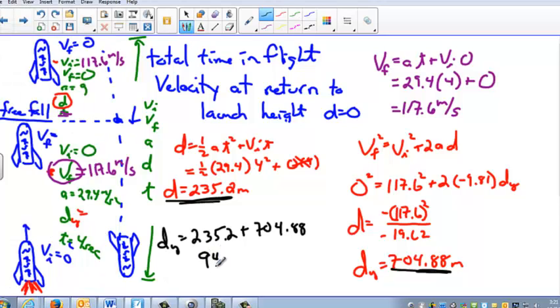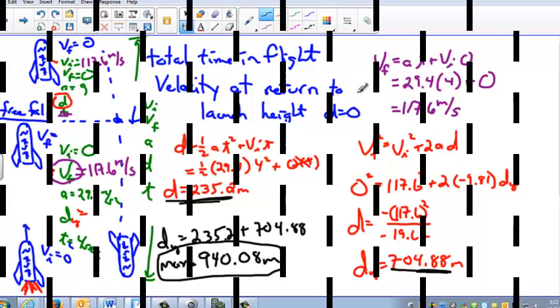So 940.08 meters is my max height. Okay, so there is the answer to the question that was on the original worksheet. Give me a second to clean this up and we'll come back and answer the other two, the total time in flight and the velocity when it returns to the launch spot.